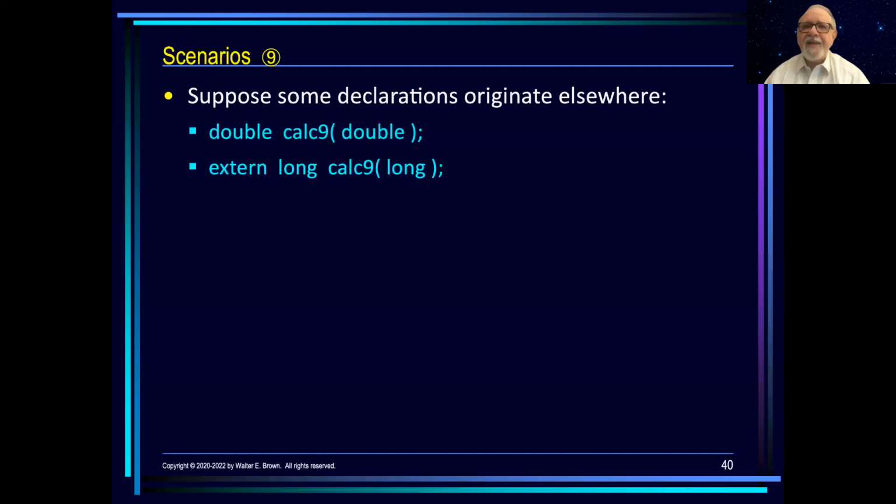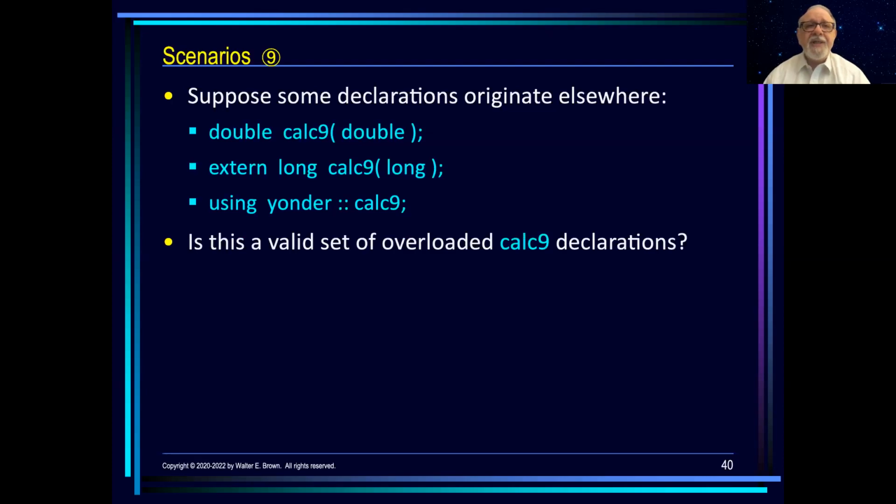We haven't seen that yet today. And to stir the pot a little bit, let's throw in a using, introducing a name from yonder. So can we do this? Is this a valid set of overloaded calc9 declarations? Take a few moments, think about this. I'll be back shortly.